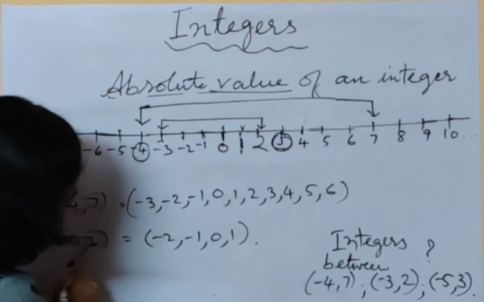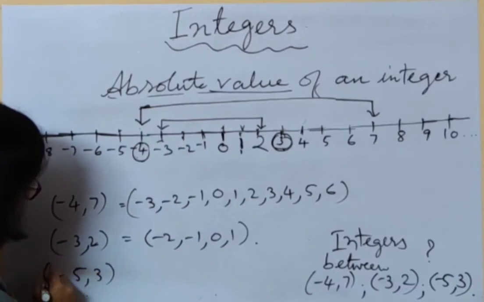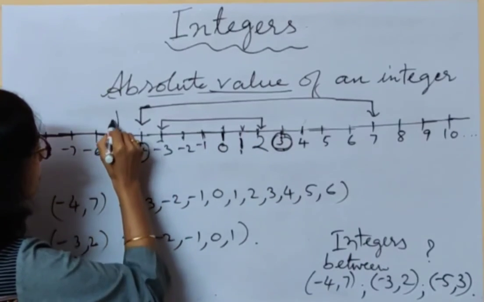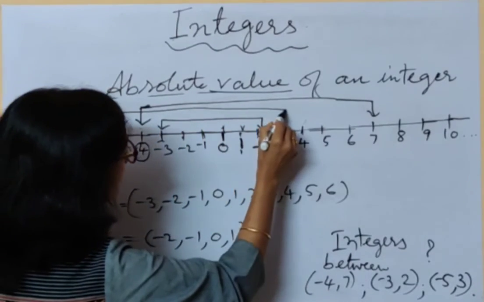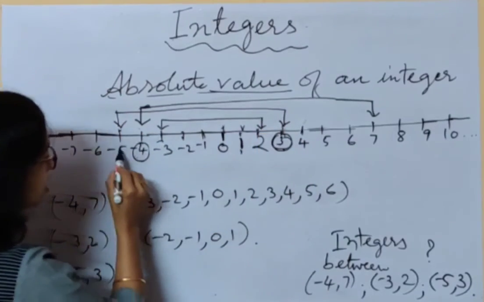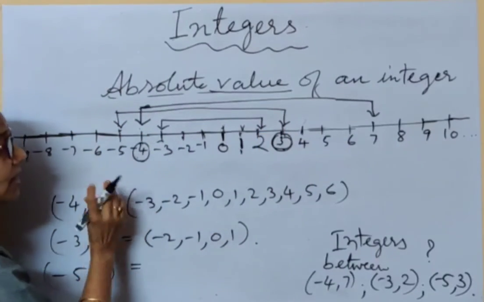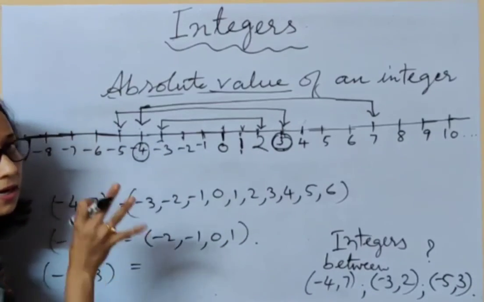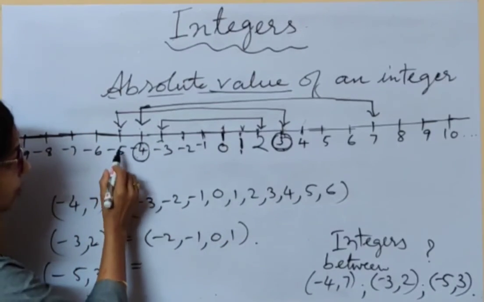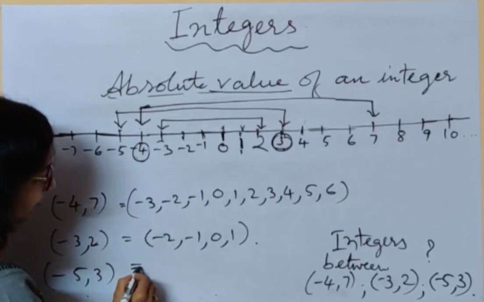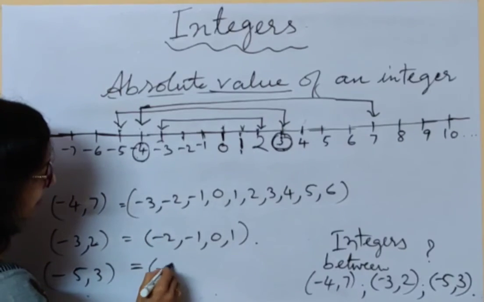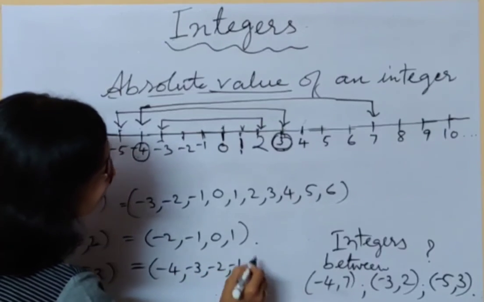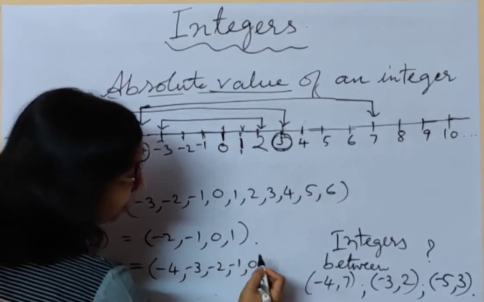Next, minus 5 and 3. Minus 5 is here and 3 is here. We leave out the end numbers, minus 5 and 3, and write the numbers in between. After minus 5 comes minus 4, minus 3, minus 2, minus 1, 0, 1, 2, up to before 3.